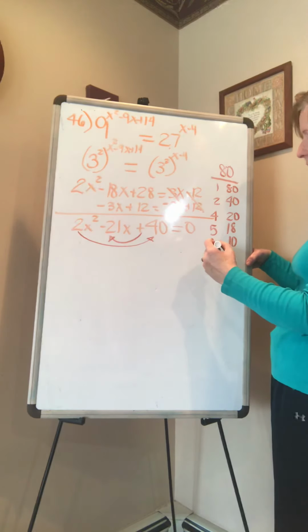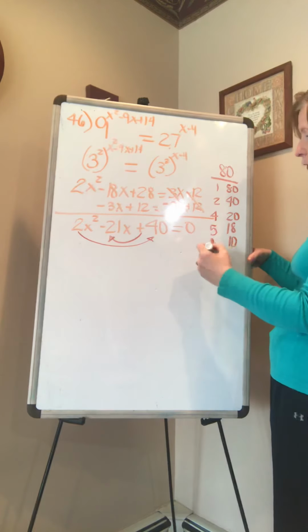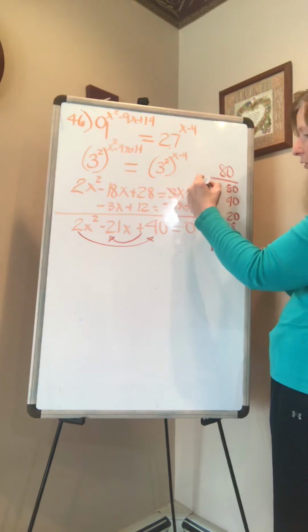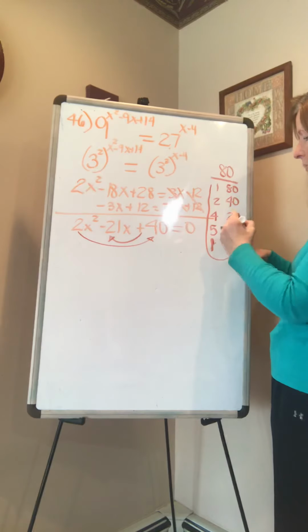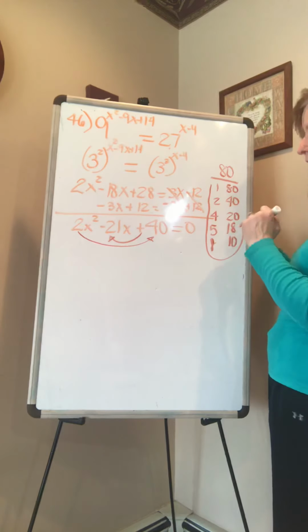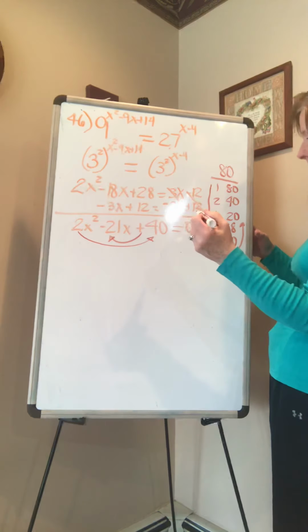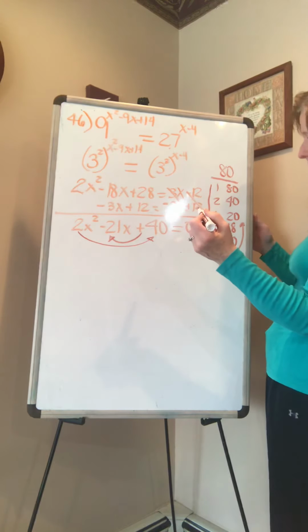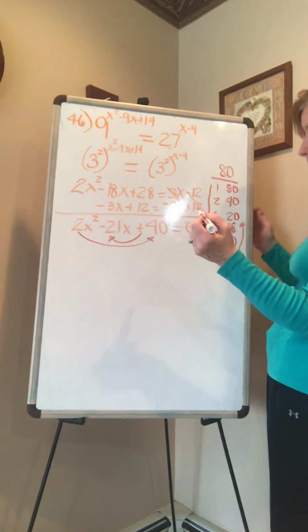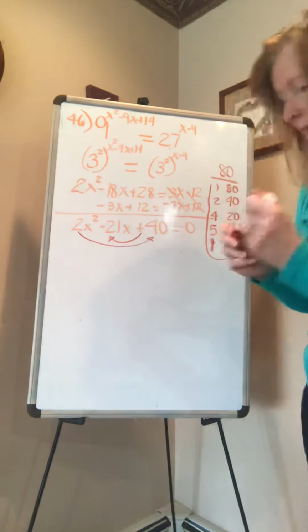And then I am back to 10. So when you do this, remember your factors make a nice little loop and they're in order. But now which one of these are going to add up to 21? None of them. None of them are going to add up to 21.